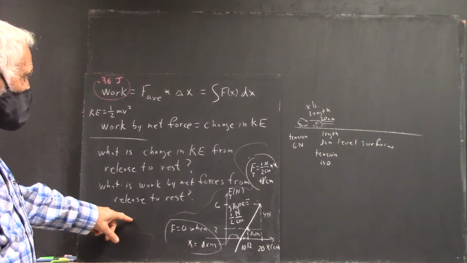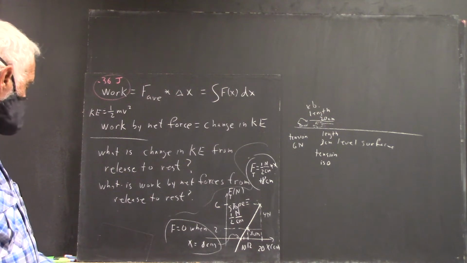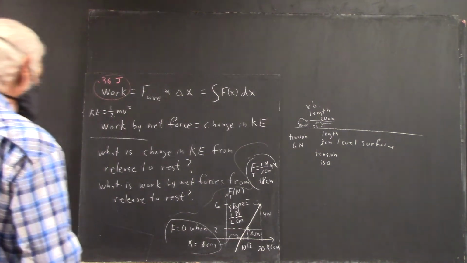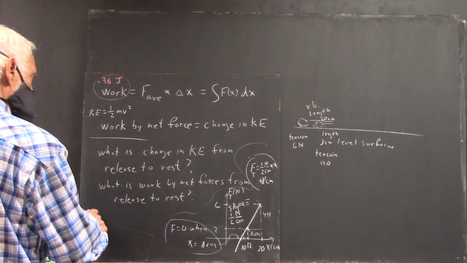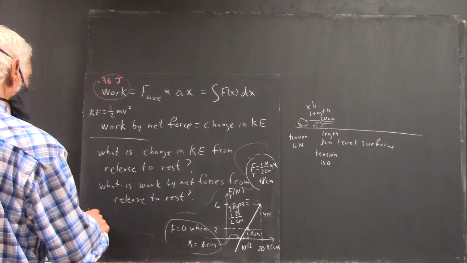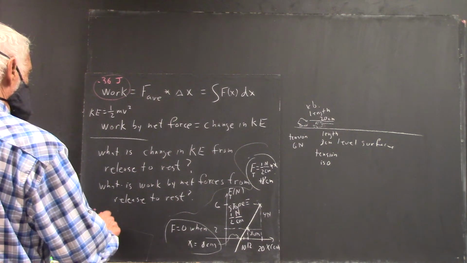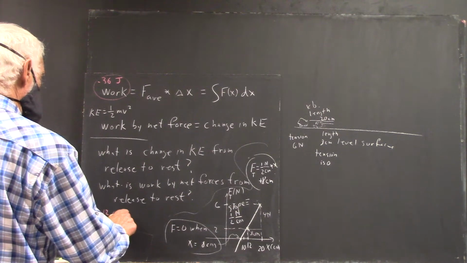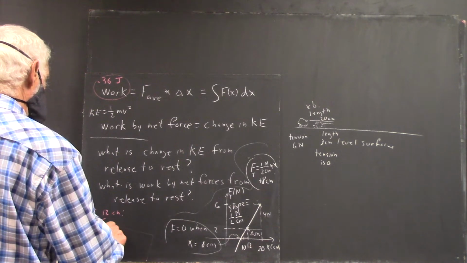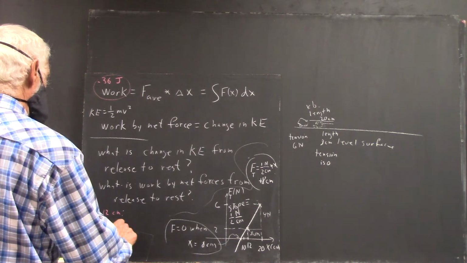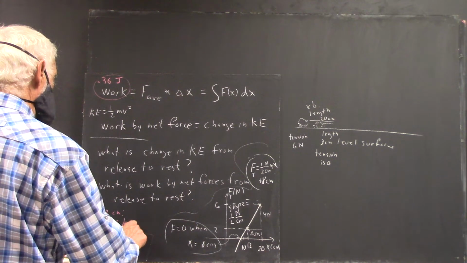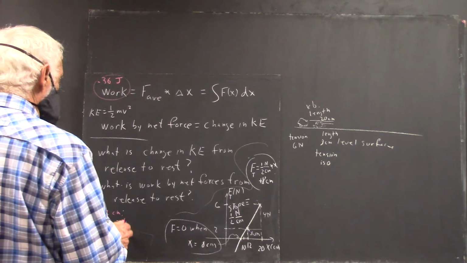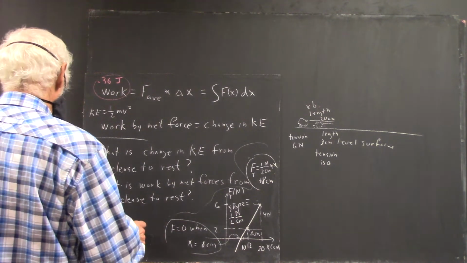Okay, what's the work by net forces from release to rest? Well, we got far enough so far. For the first 12 centimeters, I'll call it mu k, it's actually a rolling friction, but we'll call it a kinetic friction.